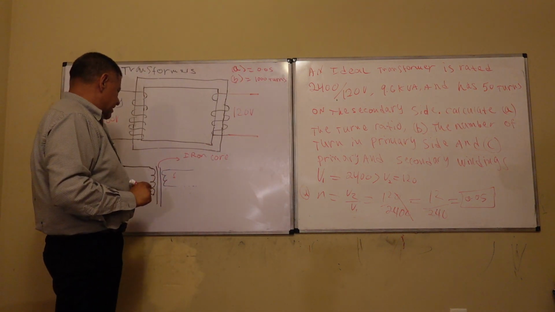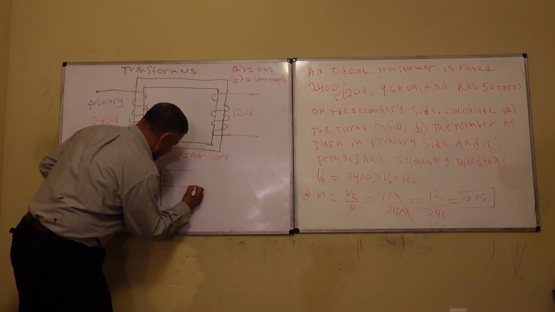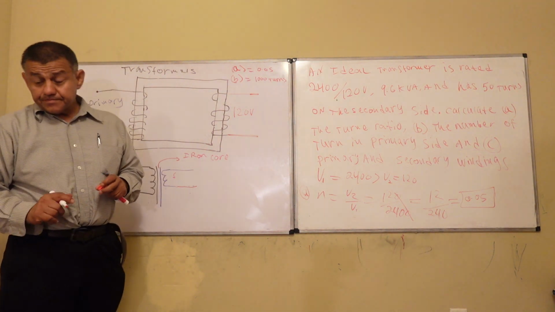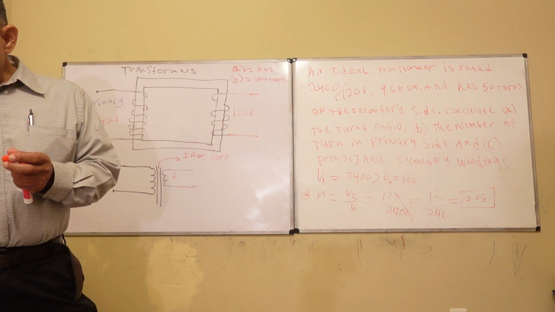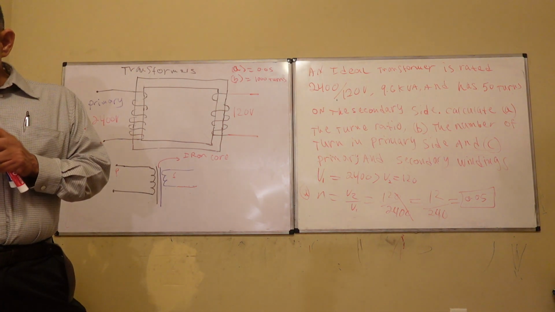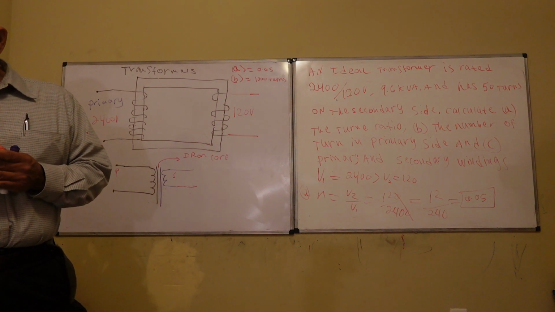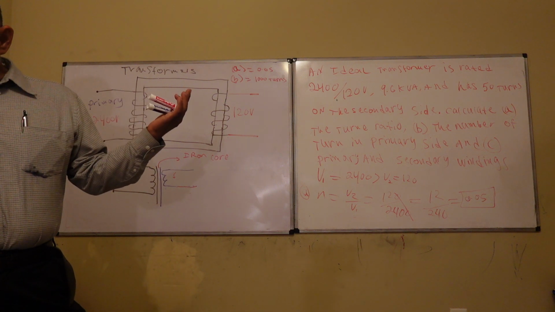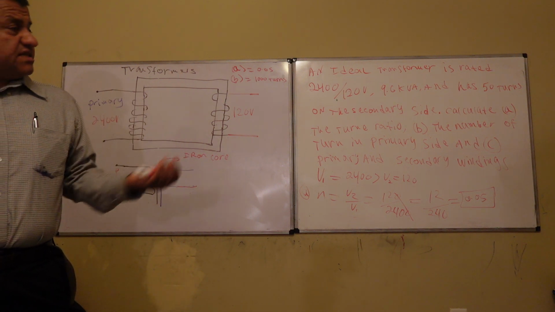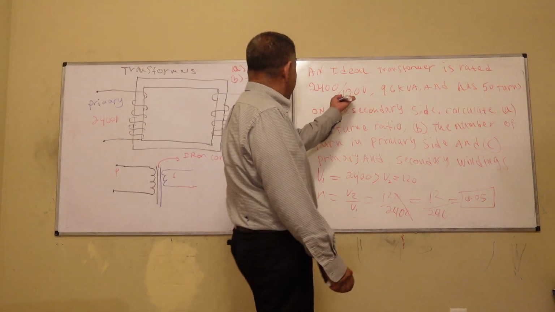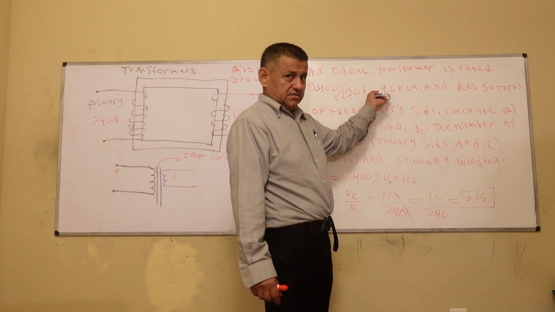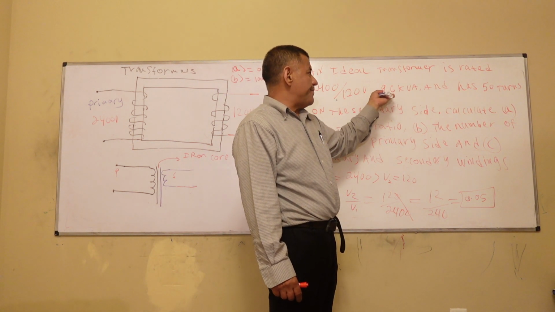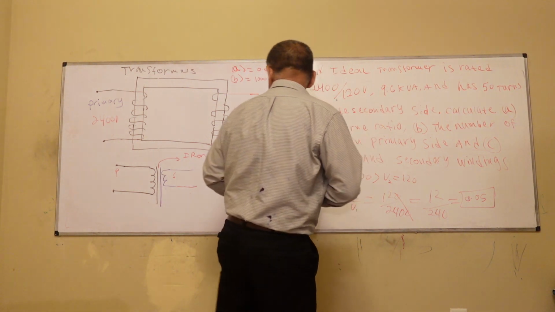So for C, we're looking for the current, right? And how do we calculate the current? We can do it a couple of different ways, and this is easy because we have these values. We said last time that power in is equal to power out.